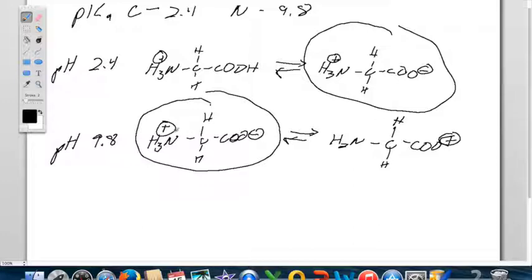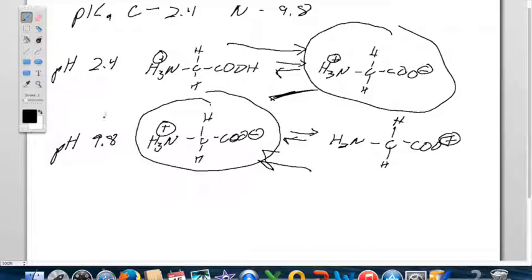So at what pH would all of the glycine molecules exist in this isoelectric or net uncharged form? Well, that's going to occur when the pH is halfway between these, because if we begin to increase the pH from 2.4, we begin to shift the equilibrium towards this isoelectric form. If we start at 9.8 and adjust the pH down, we begin to shift the equilibrium towards this isoelectric point.